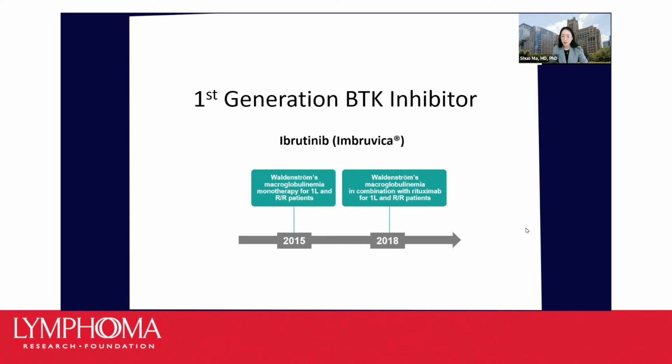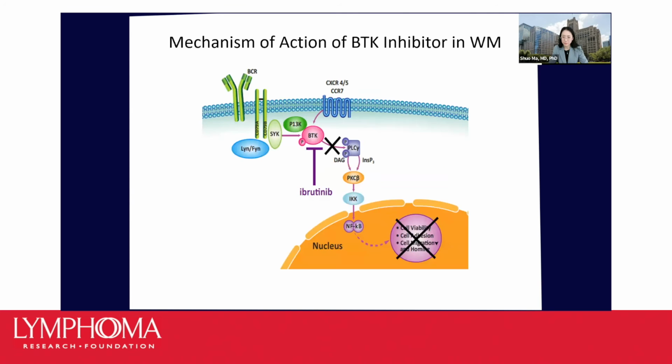It was initially FDA approved in 2015 based on a small study from Dana-Farber in Waldenström patients. And then in 2018, the FDA granted additional approval based on a larger phase 3 study, in combination with Rituximab. So this can be used either by itself as a single agent or in combination with Rituximab.